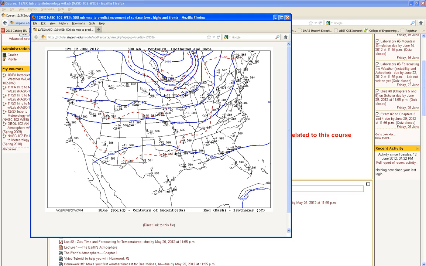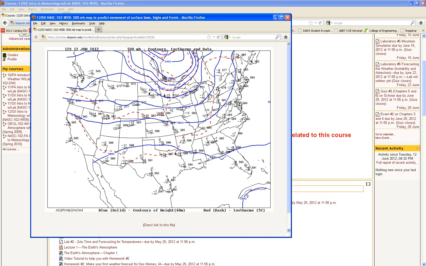So we're forecasting an 850 millibar temperature of minus 7, okay, minus the temperature at 500 we're predicting to be a minus 17, so a minus 7 minus a minus 17 gives us a positive, so there's a 10 degree temperature difference between 850 millibars and 500.